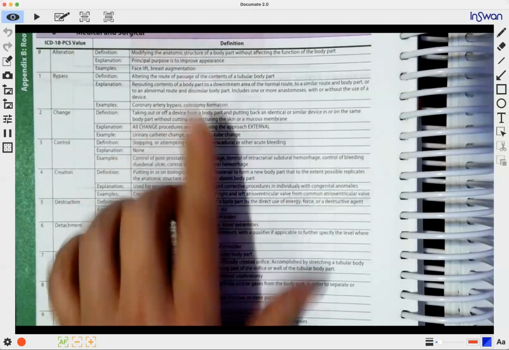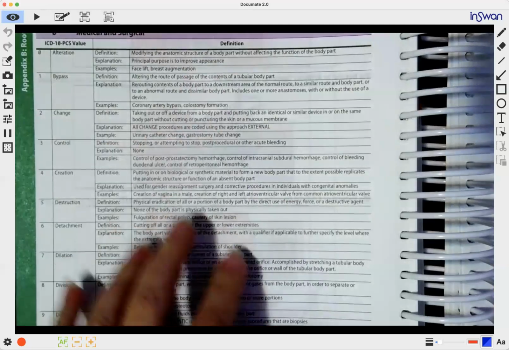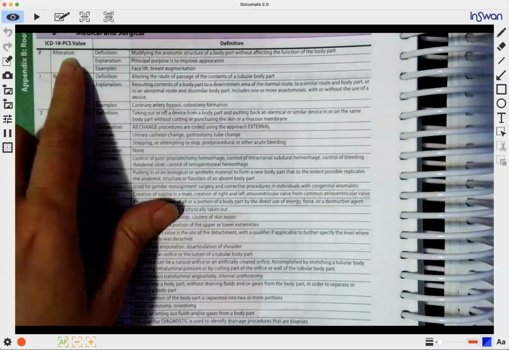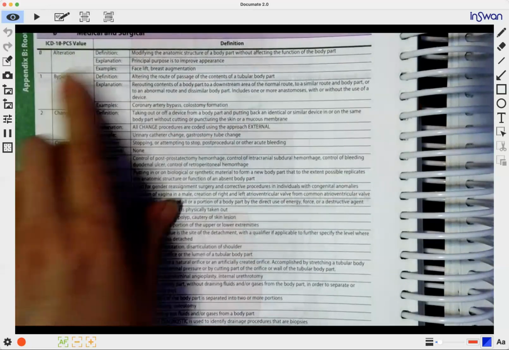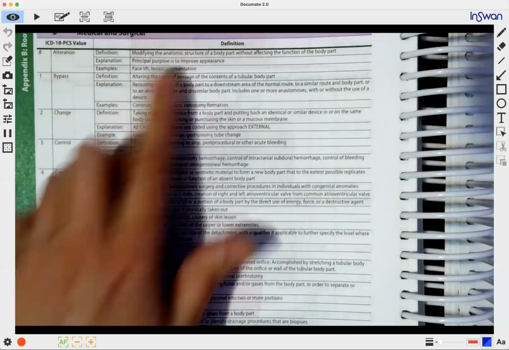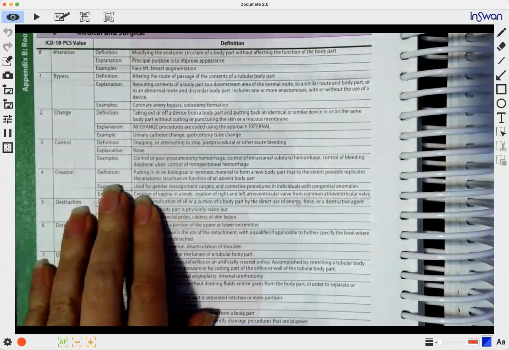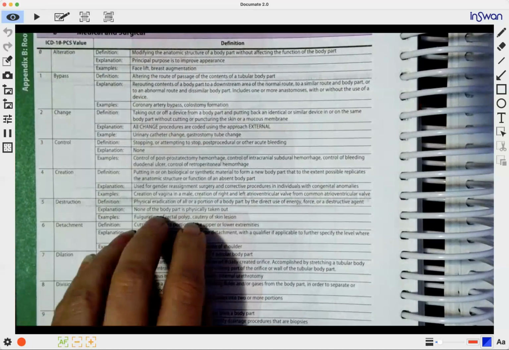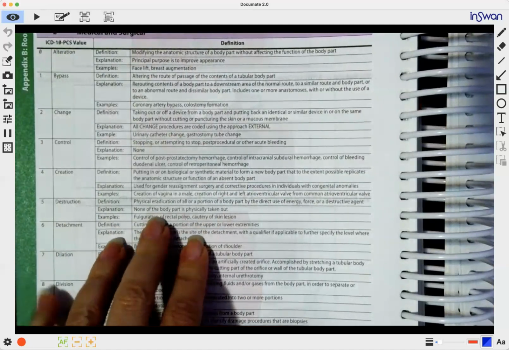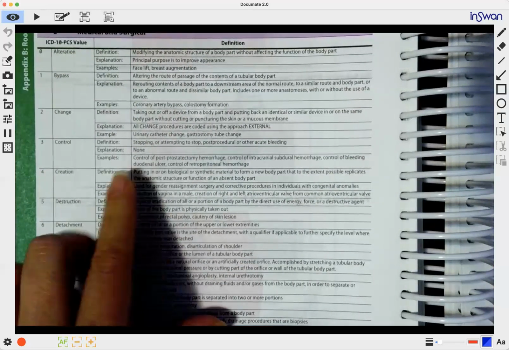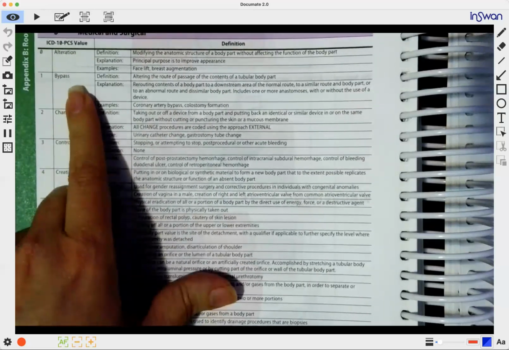My recommendation as you're learning these root operations is to get you some index cards and write the term on one side, the definition on the other side, and start to study these root operations and really make sure that you understand the root operation. When the provider is writing the procedure note, they're not going to use the same terminology.